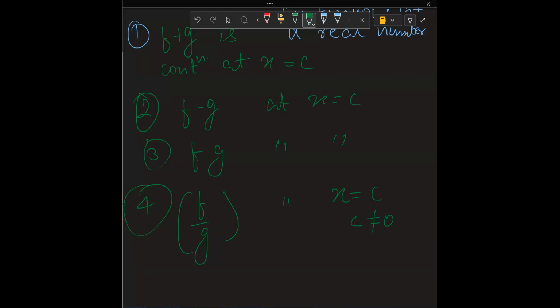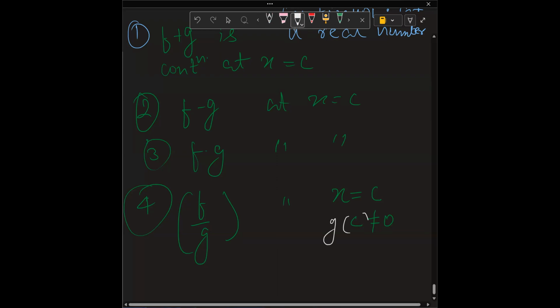All right. Yes, sir. No, not c. Your g(c) will not be equal to 0. g(c), this function, because यहाँ पे अगर 0 होगा तो डिनोमिनेटर 0 नहीं हो सकता ना। So this function g should not be equal to 0.